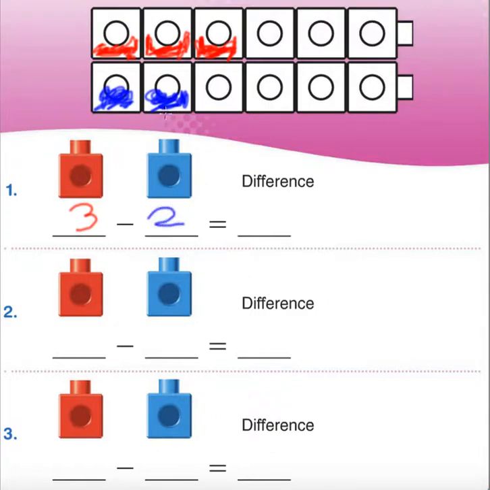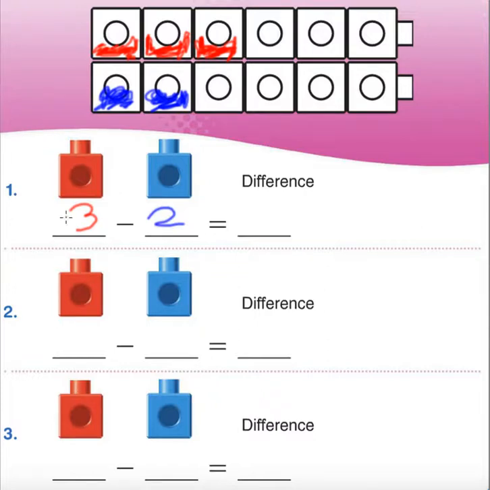So when we're comparing two things, we look at the big number, then the small number, and we're going to figure out how many more there are of the big number, or in this case, the red block. So how many more red blocks are there? I'm sure you're all looking at it saying, we already know there's one more, but if there's a really big number, we need to figure out what to do to solve this.